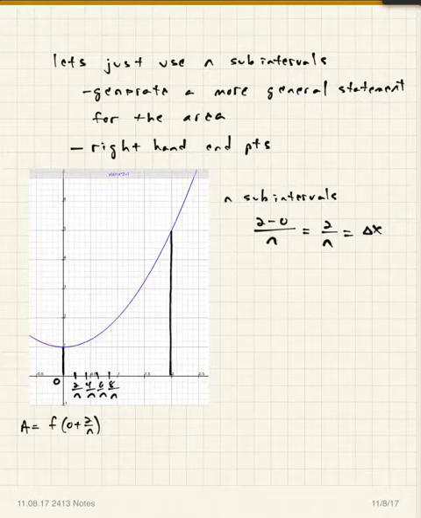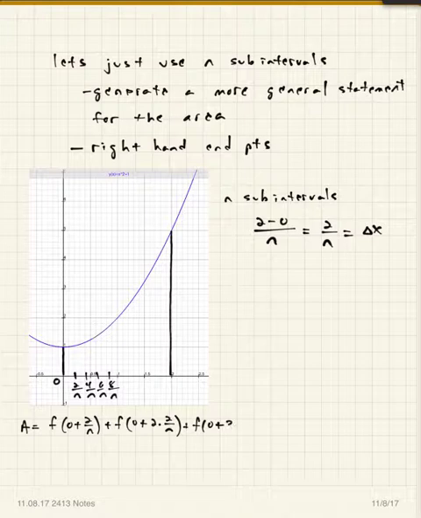So you have f of 0 plus 2 over n plus f of 0 plus, and there's 2 over n's now. So that'd be f of 2 times 2 over n. And there's a reason why I want to write it that way instead of 4 over n. And then plus f of 0 plus, and now the third one, there'd be 3 of those 2 over n's.